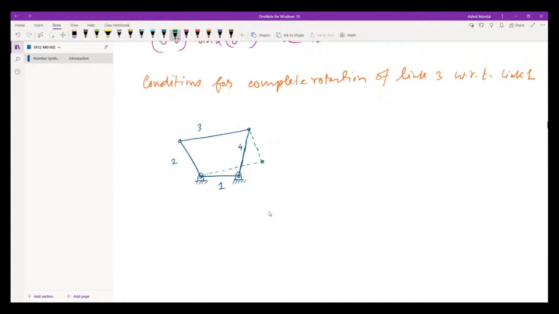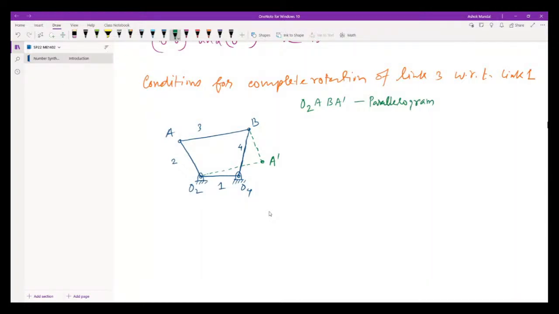The names were O2, O4, A, B. I'm calling this point A dash. So you can see that this O2, A, B, and A dash is a parallelogram.